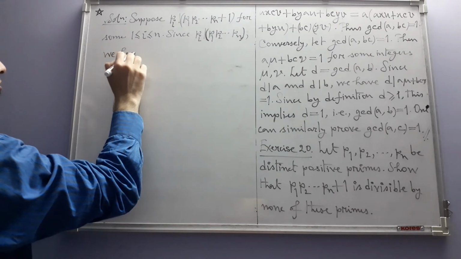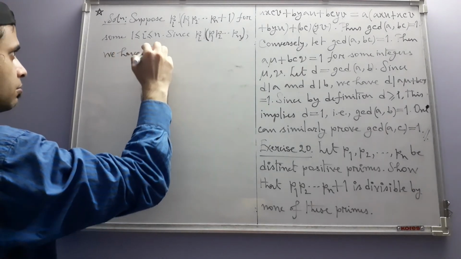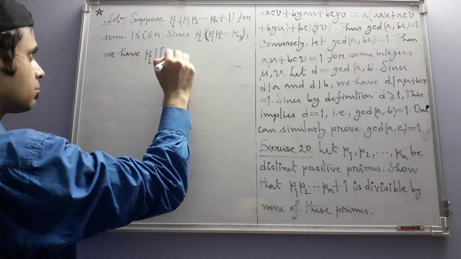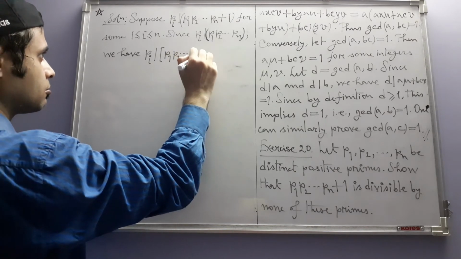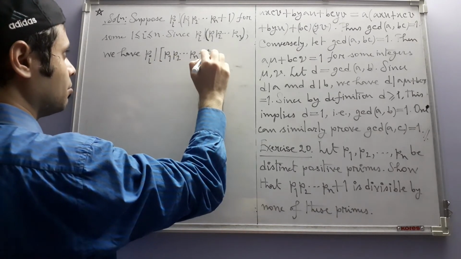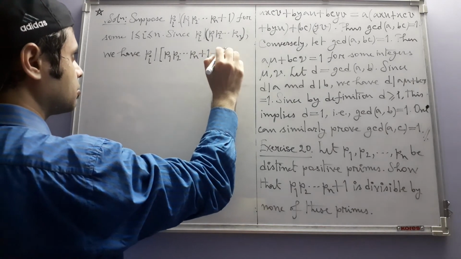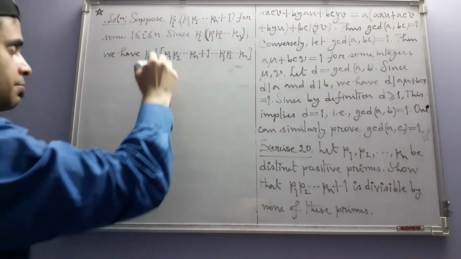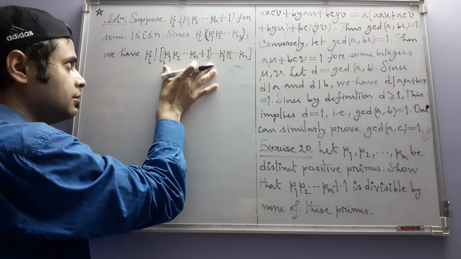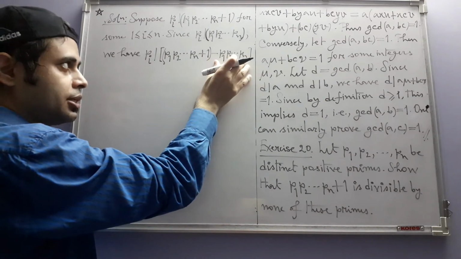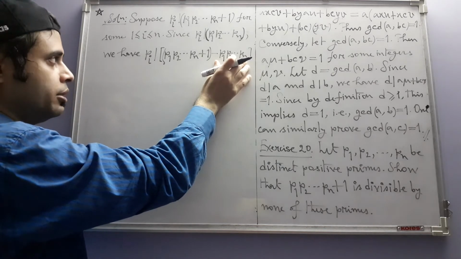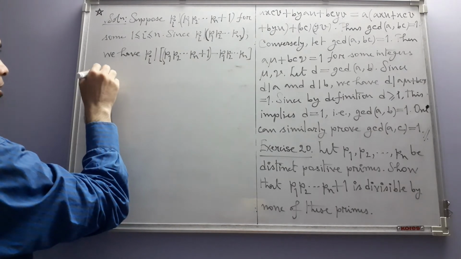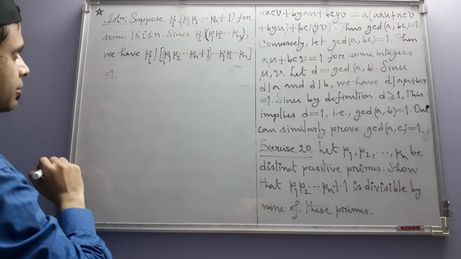We have pi dividing this minus this. Because pi divides this number according to our supposition, and pi already divides this number, which is true, it will divide their difference. But that difference is actually equal to 1.